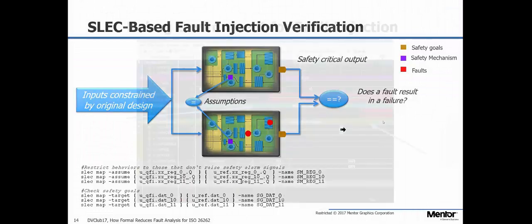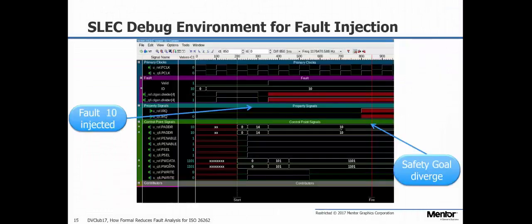Okay, so next, when you run your fault injection in Slack, you get a debug environment where you see where faults are injected and where the outputs or the safety goals are diverging.